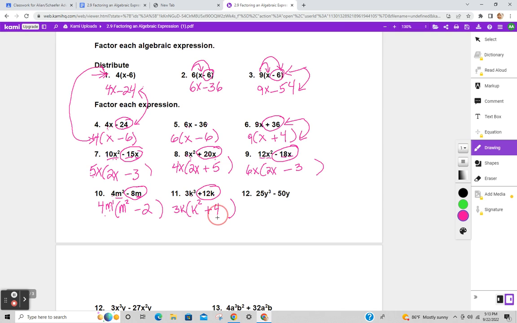That's just going to be plus 4. For number 12, our greatest common factor will be 25y. 25y times what will give us 25y cubed? So we're going to need y squared. 25y times what will give us minus 50y? We just need minus 2.